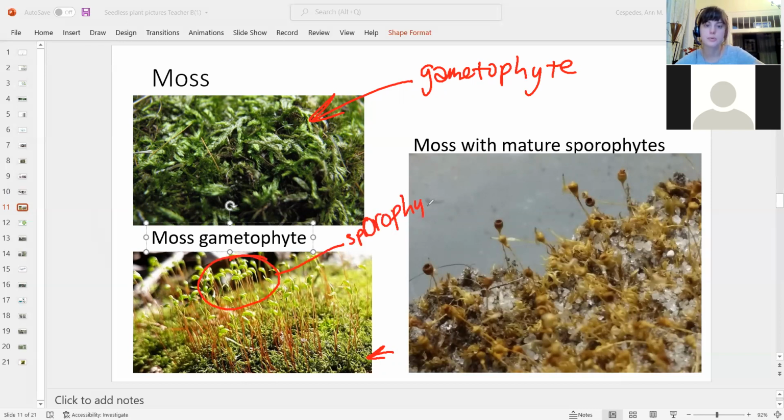So it's a little bit more interesting than the Marchantia sporophytes. These actually grow on a little stalk. They're kind of cute. These are also sporophytes. So it's a little stalk, and then the antheridia and the archegonia are going to grow inside these structures. So it's a little different than the liverworts, but kind of the same general idea.